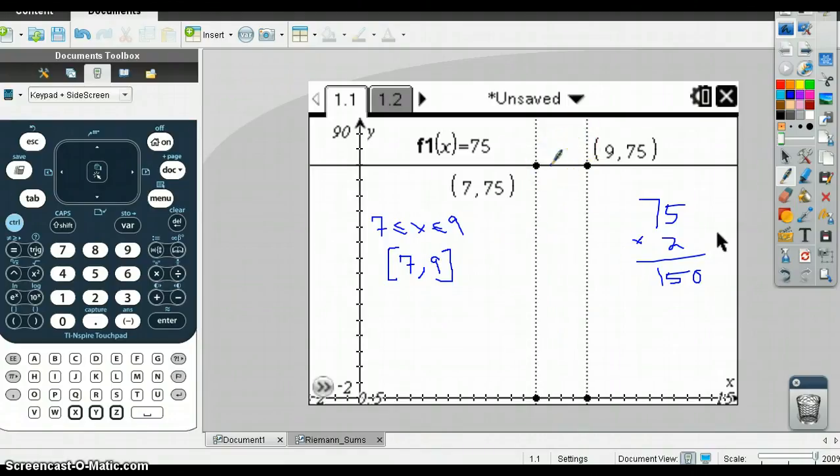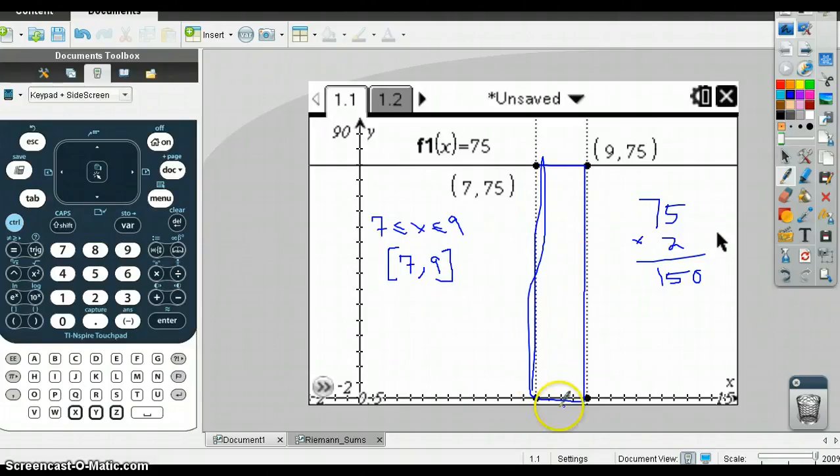If we graph the velocity of this train, like we have right here on the Inspire, we see that it creates a rectangle in this region. If we find the area of that rectangle, we can find how far the train's gone, the accumulation of the instantaneous changes over a given interval, a period of time.